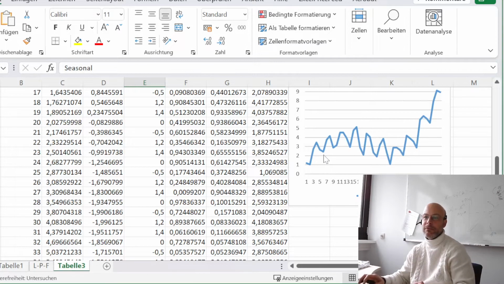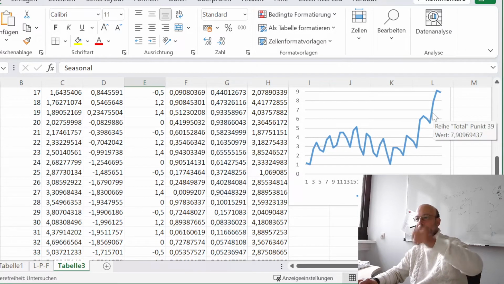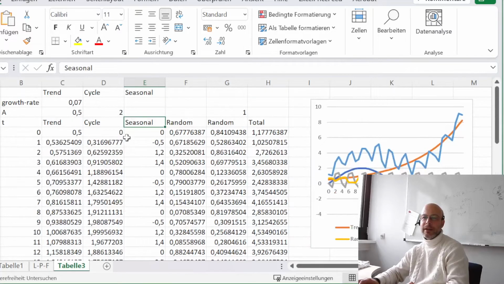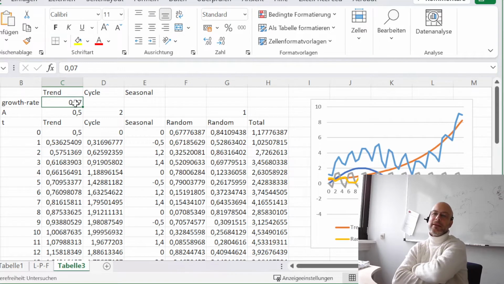And of course, for the long run, you see, fortunately, my company is in general increasing. So in general, I see that profits go up, and then you want to identify this number here, especially a growth rate. And here we introduced a growth rate of 7%.